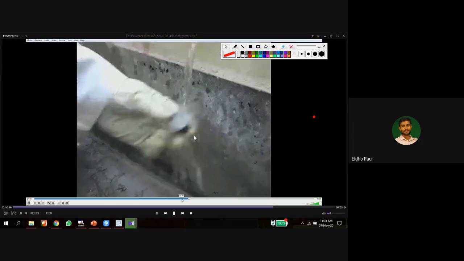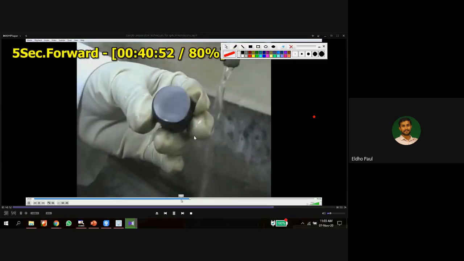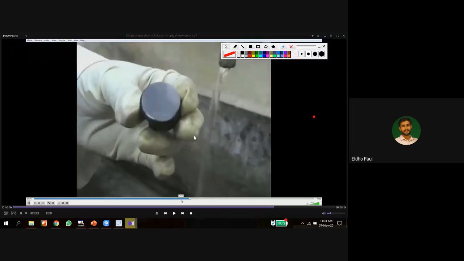After applying the etching process, we can see that the surface becomes darkened. Initially, after polishing, it was a mirror finish surface, but after etching, the surface becomes darker. The darkness of the surface depends upon the depth of etching.